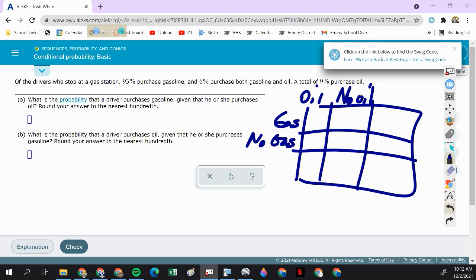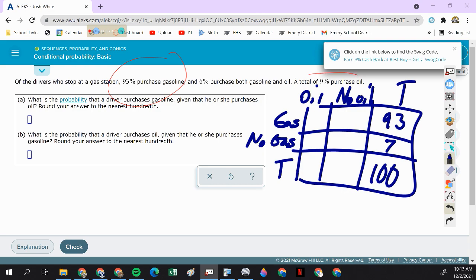Okay, where do we put 93%? Where does 93% go? Top right, 93. And I know this is 100, so if 93 goes there, then this must be 7. 93% buy gas, 7% do not.